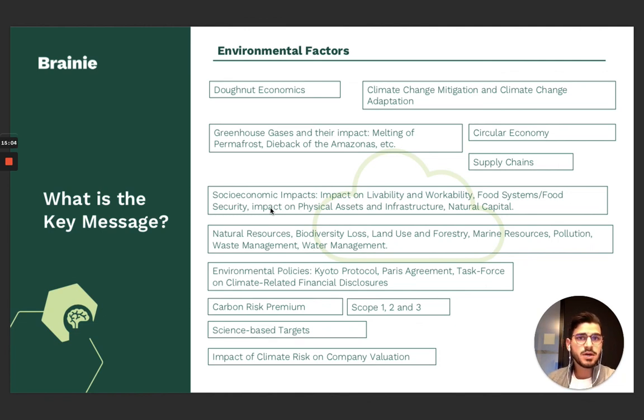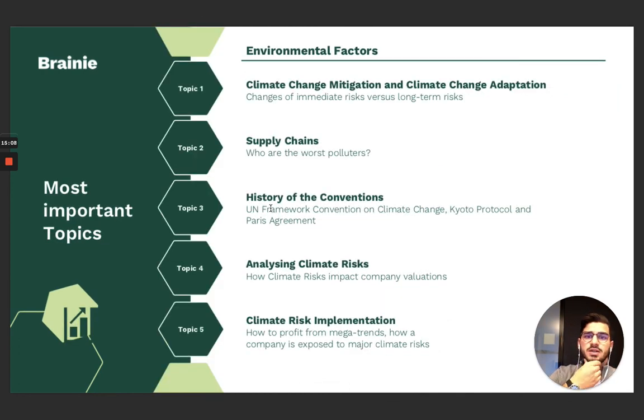Now, with regards to our next section here, the environmental, the most important topics. Again, this is such an important chapter that I would actually encourage you to read it twice. But if we had to point to the 5 most important topics, it would probably be climate change, mitigation, and adaptation.